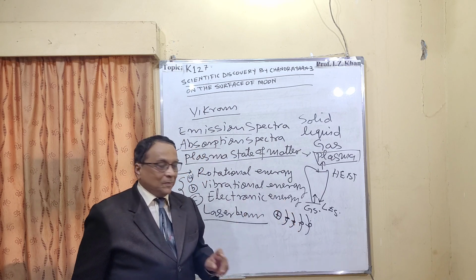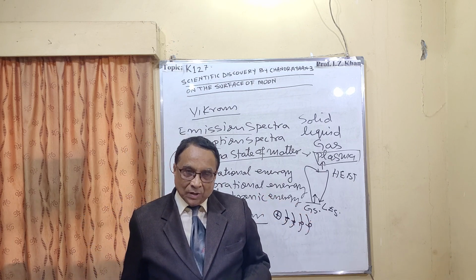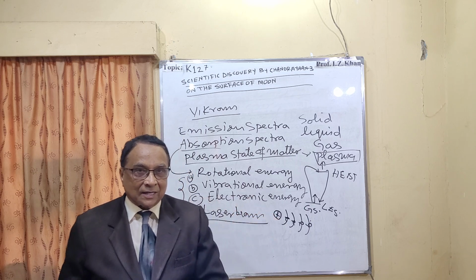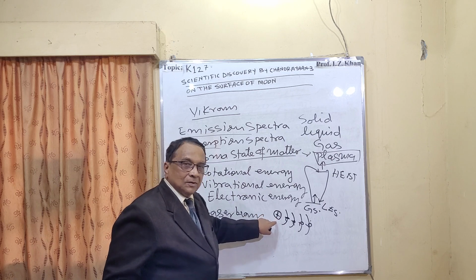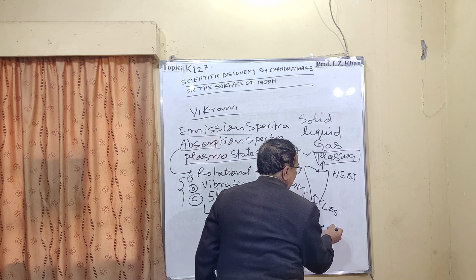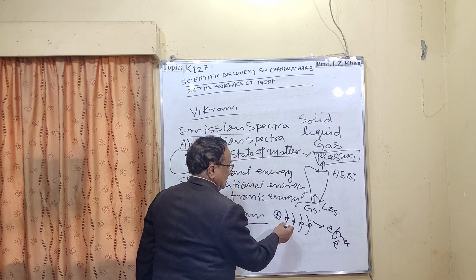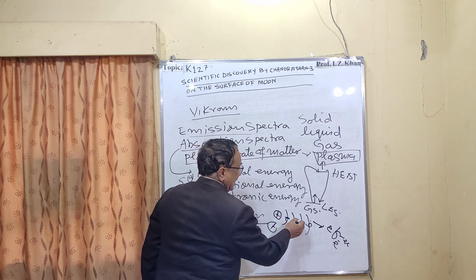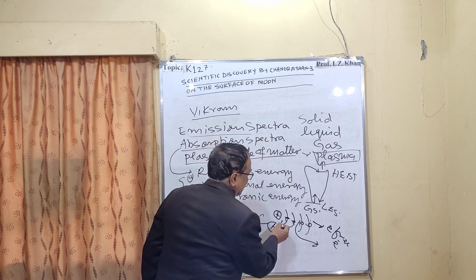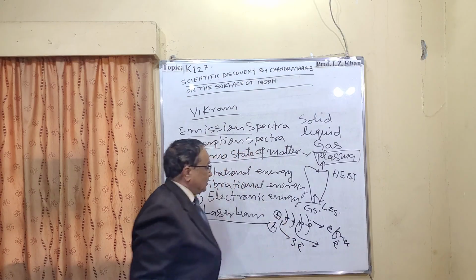The weakest one will be the outermost, because the one far away from the nucleus contains less energy, so it will be very easy to make that electron free. It will be knocked down and you will get one electron. This is called a free electron. Then the remaining three, it will carry positive charge. Then again this will be free. And finally, when all the electrons are free, only the nucleus will remain.